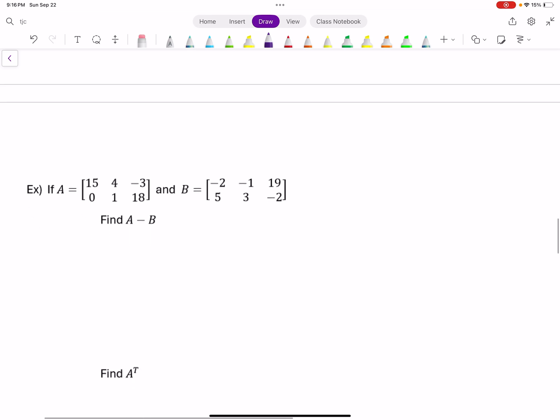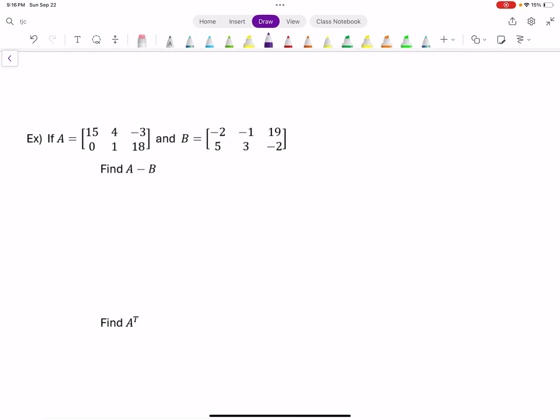Let's work this out. So first, we have the matrix A, 15, 4, -3, 0, 1, 18, and B, -2, -1, 19, 5, 3, -2. We want to subtract them. So draw a matrix. First, I need this element. So I'm going to take the 15 minus a -2, which is +2. Then this next element is 4 minus a -1, so 4 plus 1. The next element's -3 minus 19.